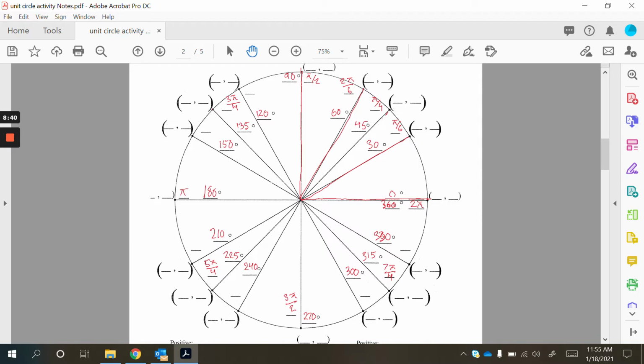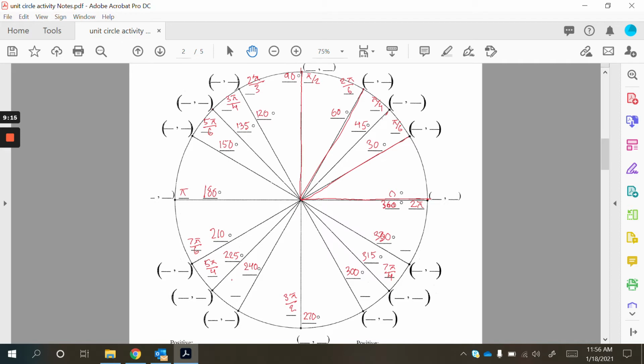3 pi sixths. Then we'll have 4 pi sixths, which would then simplify into 2 pi over 3, 4 pi sixths, and then 5 pi sixths, which would then become 6 pi sixths, which 6 over 6 is just 1, leaving us with the pi. 7 pi sixths, then 8 pi sixths.